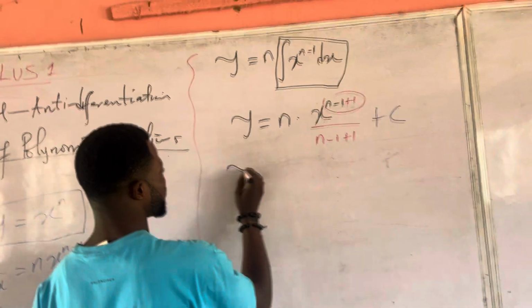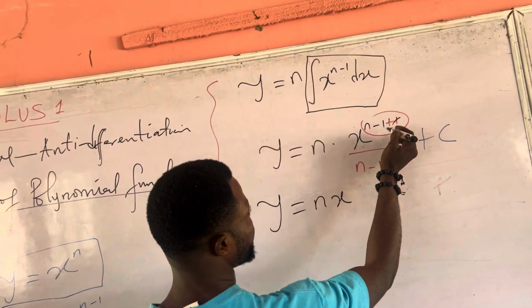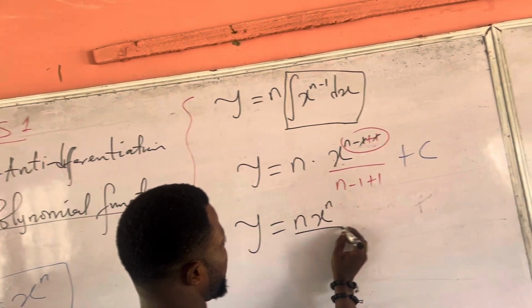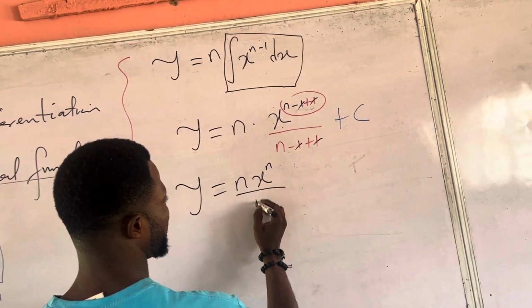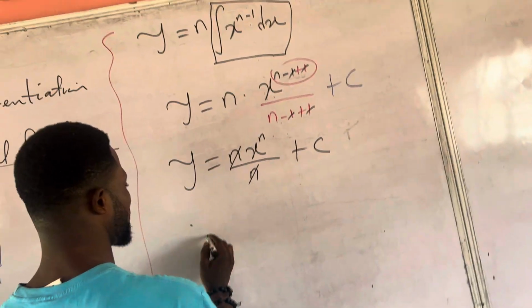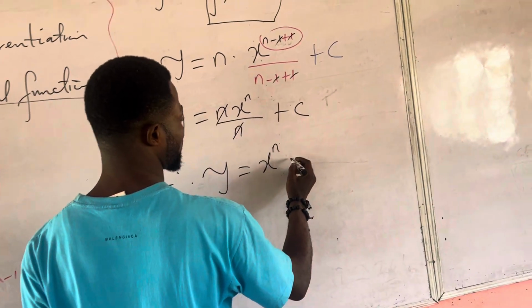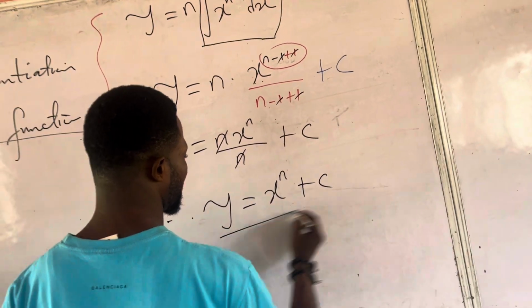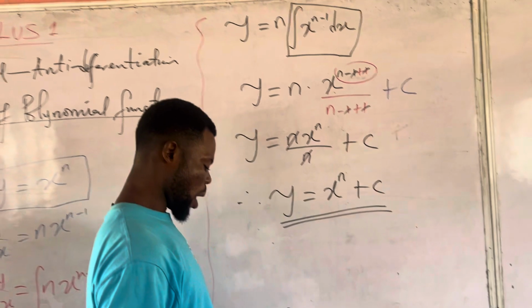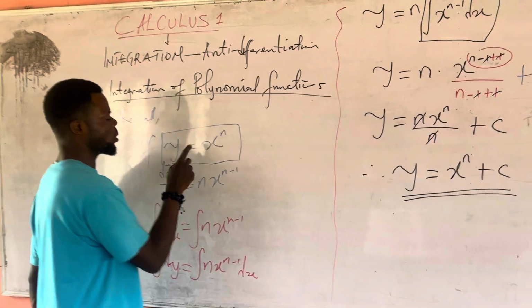So this will give us y equal to n x, and this takes care of this, and we'll have this all over. Then plus c. This will also cancel this. We now have our y equal to x raised to the power of n plus c. This is the answer. And if you check this, it's still the same thing as this.